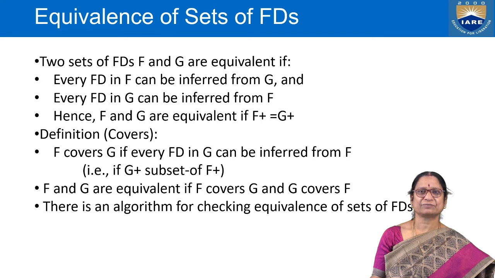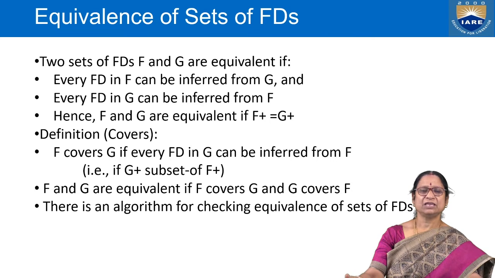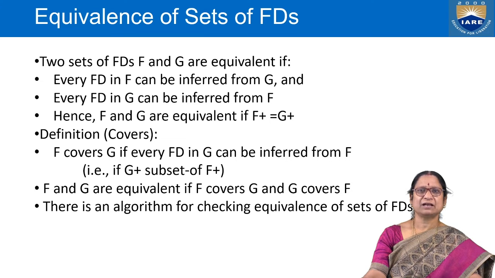F and G are equivalent if F covers G and G covers F. The reason we check the equivalence of FDs is to check whether one covers the other or not. Multiple covers will be there.